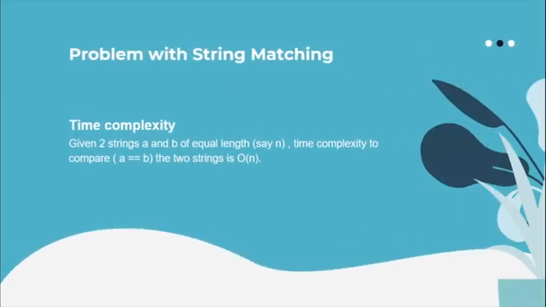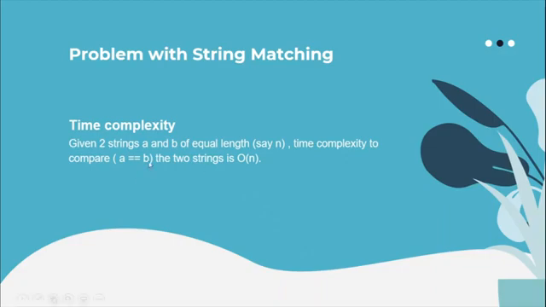So now you see the problem is when you want to compare two strings A and B of equal length n, because if they are not equal, I mean if their length is not equal, they cannot be equal, right? So their length must be equal. So given two strings A and B of equal length, say n, the complexity to compare A and B would be big O of n.